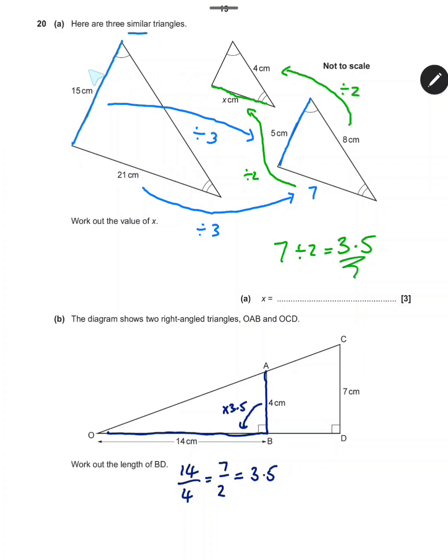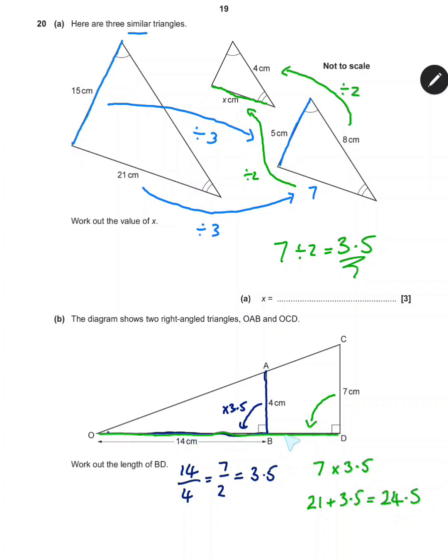And what I can do is apply that knowledge to this part of the diagram. And what that will tell me is this whole length. If I do 7 multiplied by 3.5, well, 3 sevens are 21, and 0.5 times 7 is just a half of 7, and we know that that's 3.5. You're going to get 24.5.